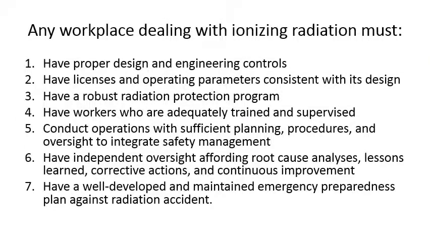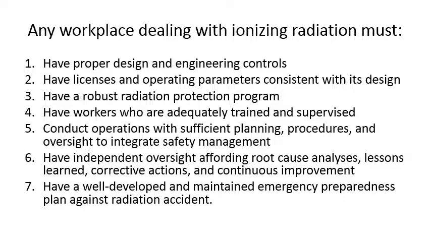According to the International Atomic Energy Agency, all workplaces dealing with ionizing radiation must have the following strategies in place. First, the workplace must have proper design and engineering controls against radiation exposures. The workplace must have licenses and operating parameters consistent with its design, complying with national legislation. A robust radiation protection program must be in place. The workplace must have workers who are adequately trained and supervised.